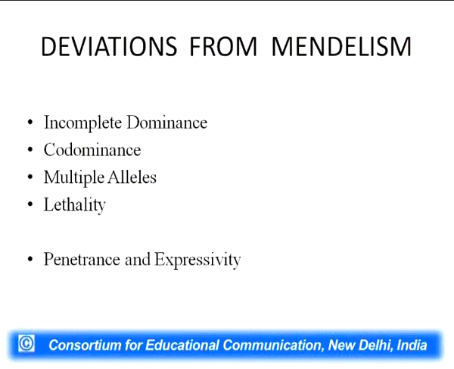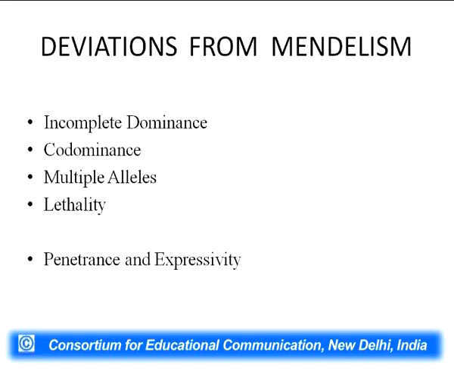There is some incompleteness, or the two genes interact with each other, or in the first place we may not have two alleles of a gene at all. There could be more than two alleles. Then again there would be problems and complications and deviations. And lastly, it is quite likely that some of the combinations in a homozygous form would turn into lethal combinations.